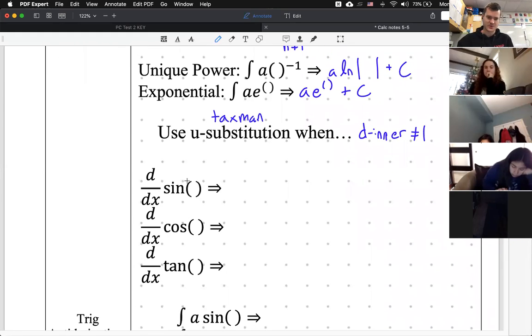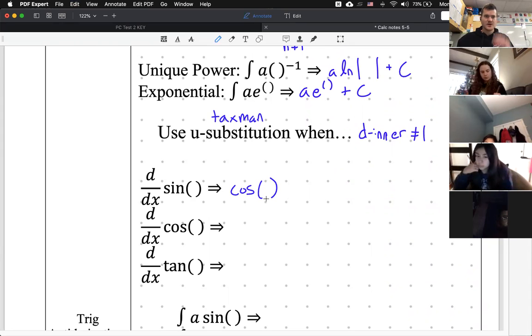When I take the derivative of sine, what do I get? Cosine of blah. Derivative of cosine? Negative sine. Derivative of tangent?